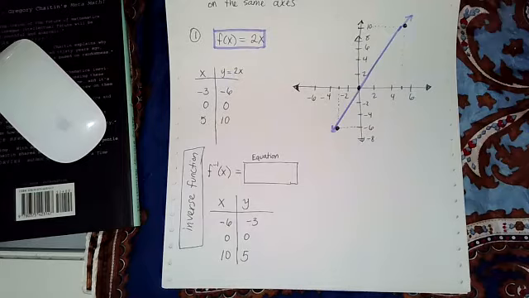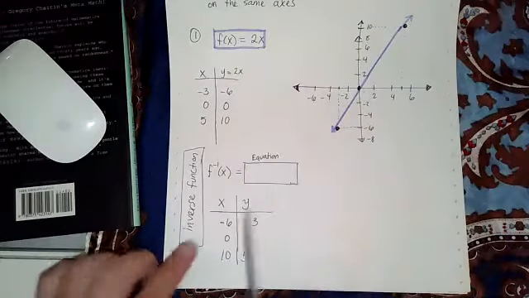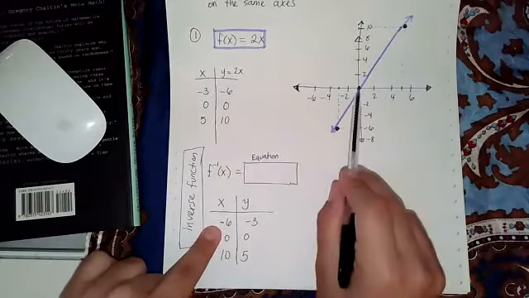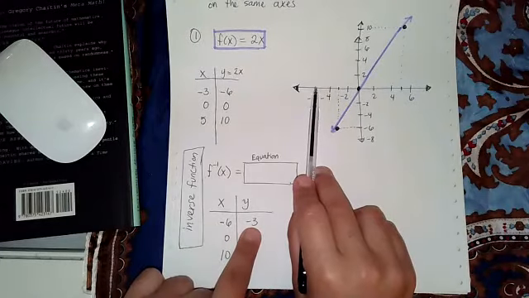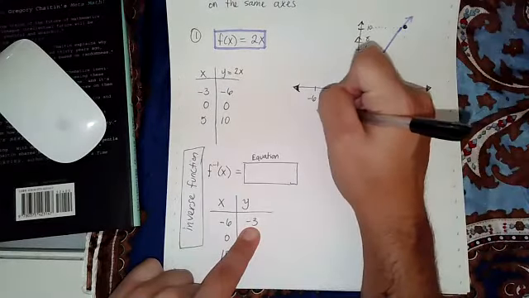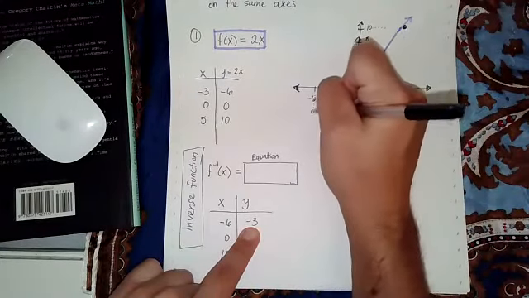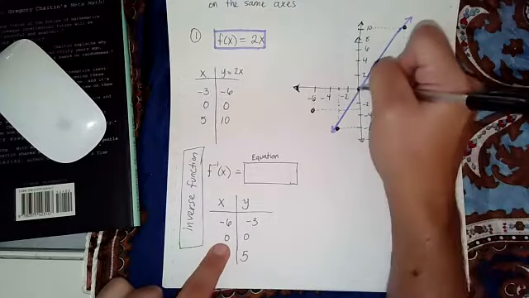So now let me plot these on the same graph, on the same space. Okay. So I'd have to go -6 in the x direction, and then I'd have to go down to -3. So that would be right here, that location. 0, 0 is still going to be in the middle.